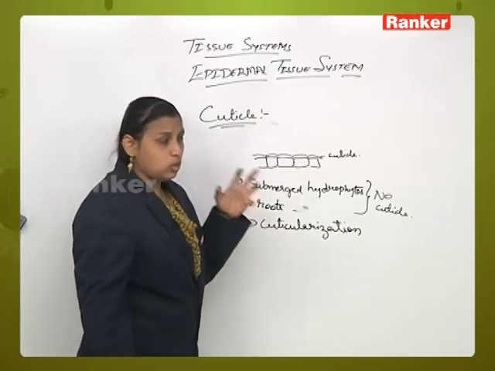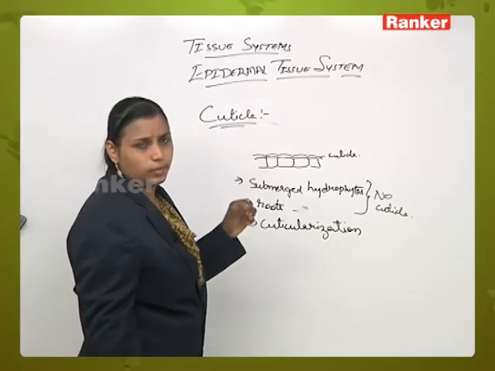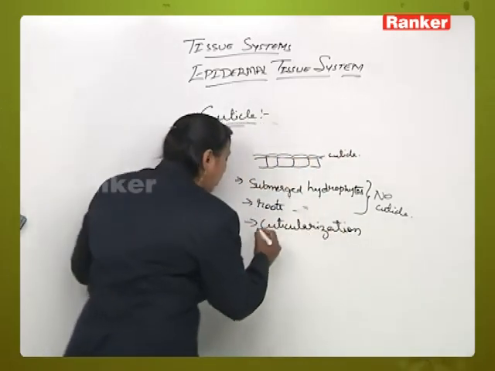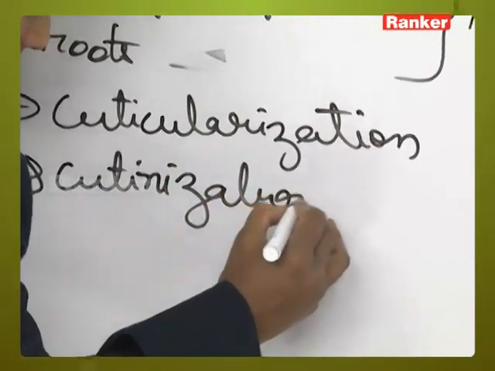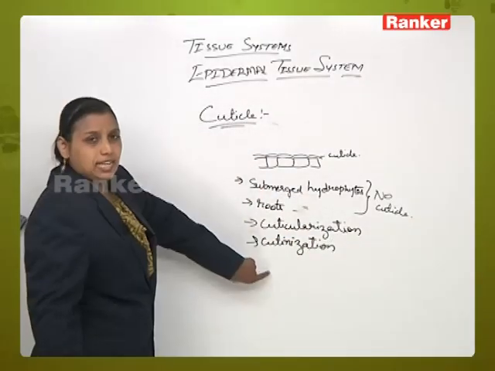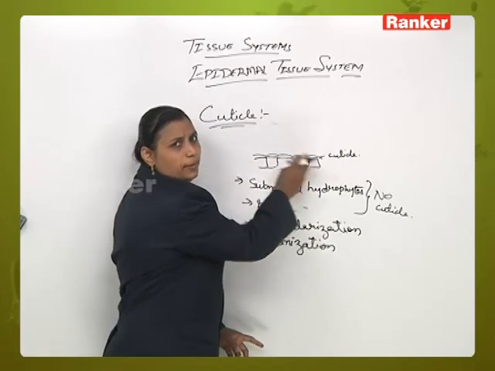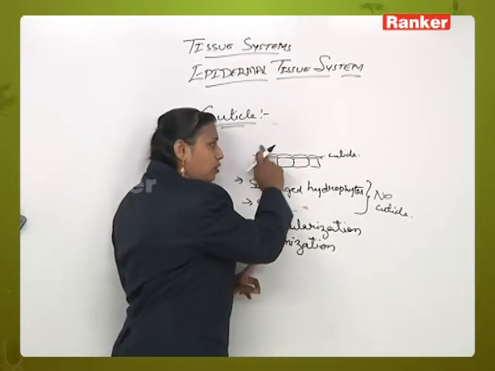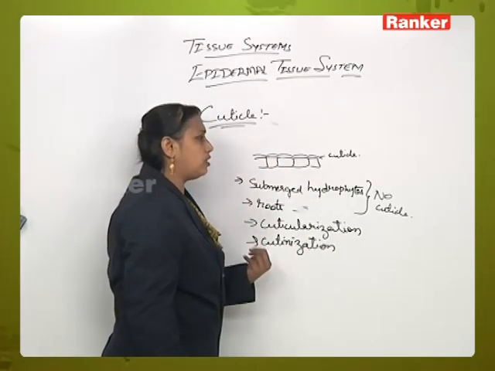If the cuticle is deposited only in certain areas on the epidermis, then that is called cutinization. If there is a deposition of cutin at certain places on the epidermis, then that is cutinization. If the cuticle occurs in the form of a continuous layer, then that is called cuticularization.